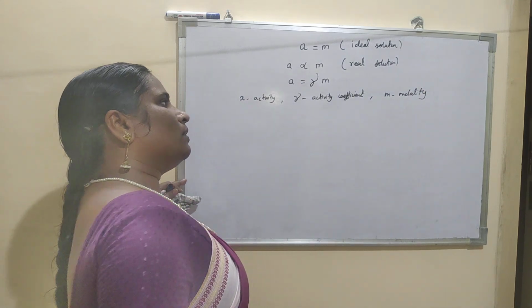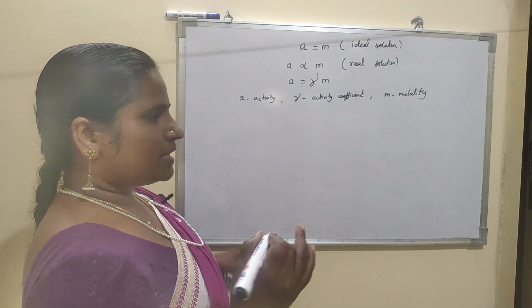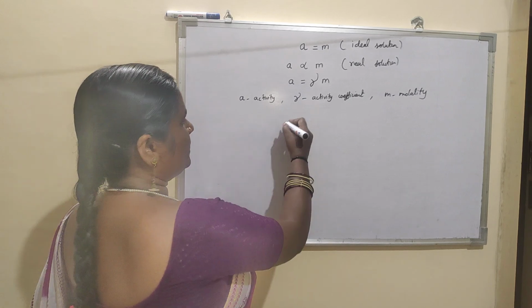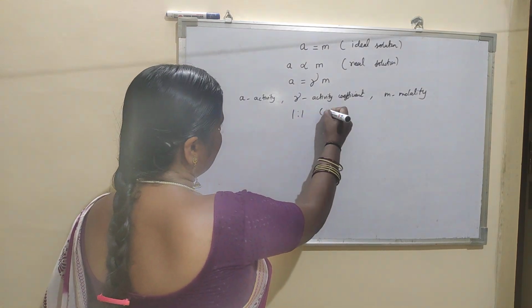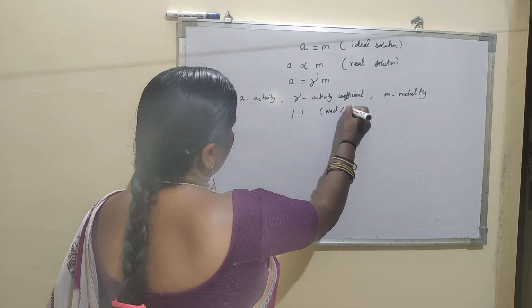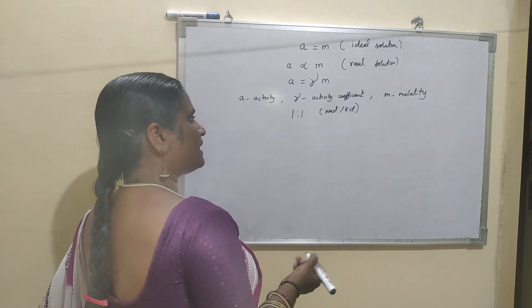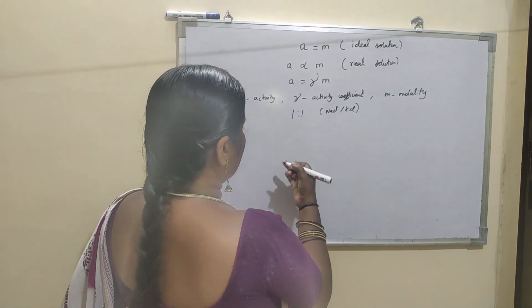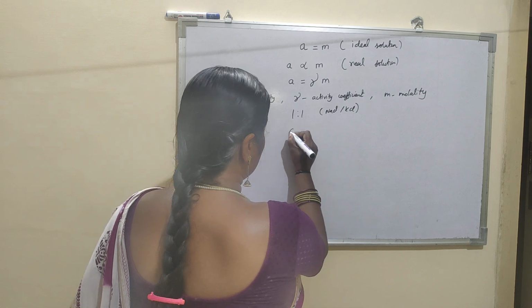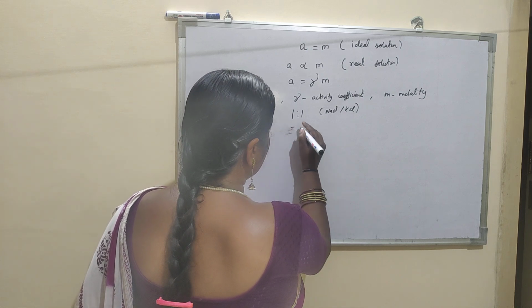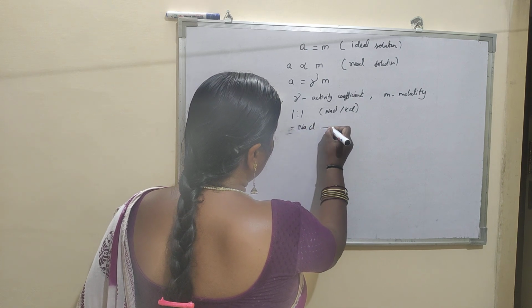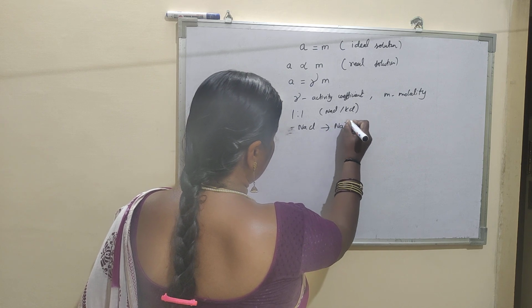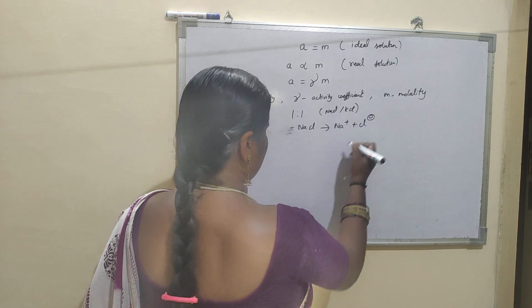Okay, so first let us begin with the 1:1 electrolyte, for example NaCl or KCl. For that we will calculate the activity, what is the formula for the 1:1 electrolyte. So what happens, NaCl, when you put it in water, it gives the Na plus and Cl minus.